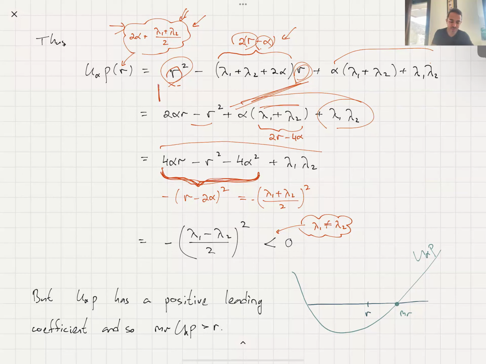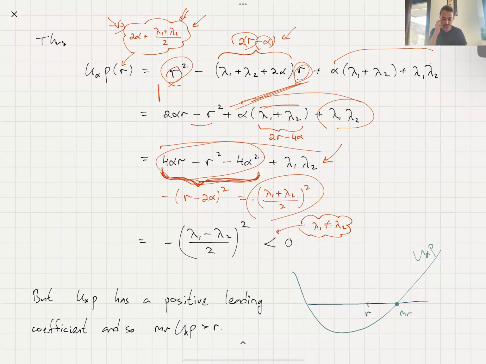But R minus 2 alpha, again, looking at R, is lambda 1 plus lambda 2 over 2. So this whole thing is minus the average of lambdas squared. And then you had this thing that we never touched, the plus lambda 1 lambda 2. But we know how to incorporate that. And so we get the minus of lambda 1 minus lambda 2 over 2 squared.